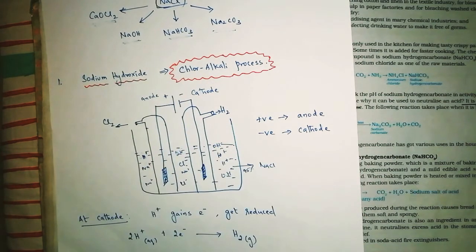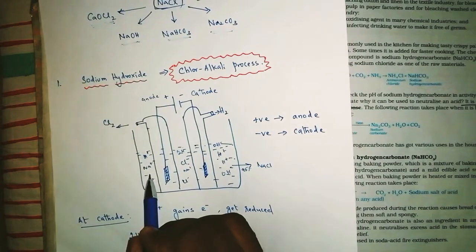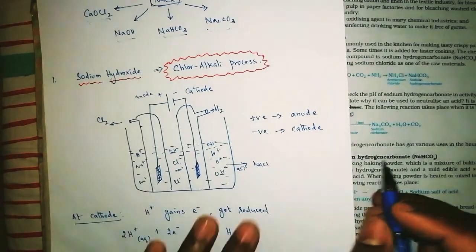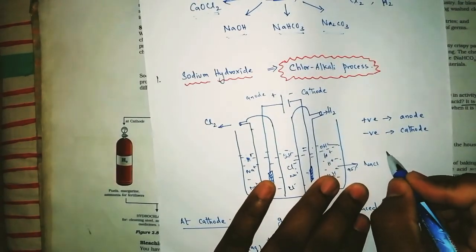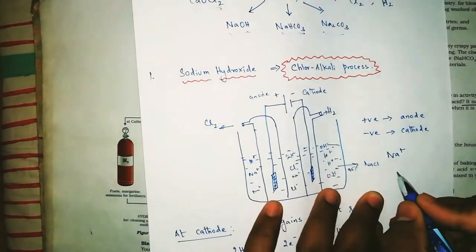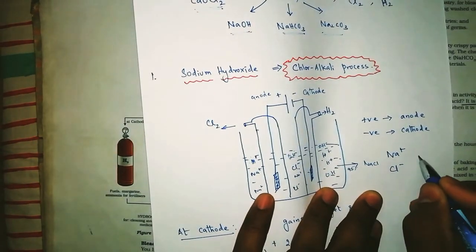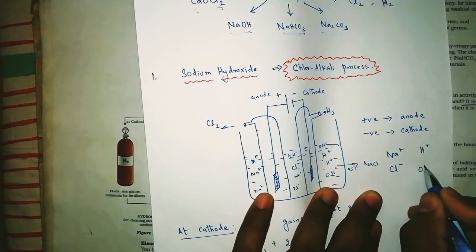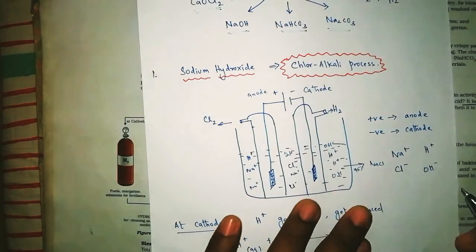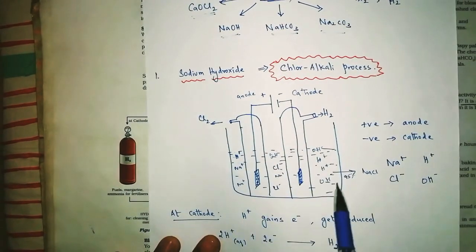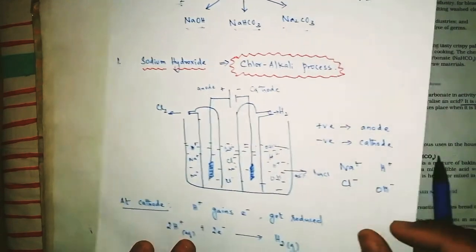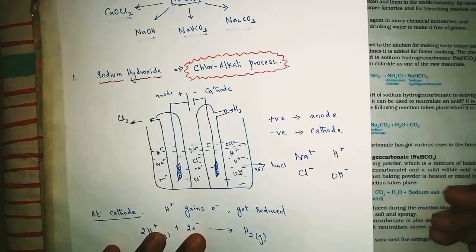Once the current is switched on, you see the positive ions I have written: Na plus, H plus, and the negative ones Cl minus and OH minus. All these are in ionic form inside this solution. Once switched on, you know what happened?